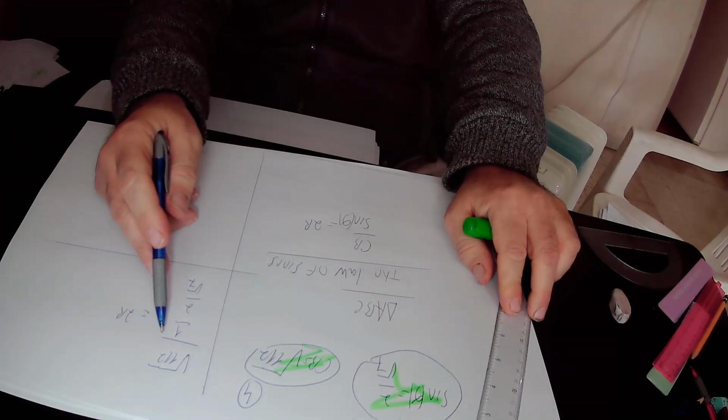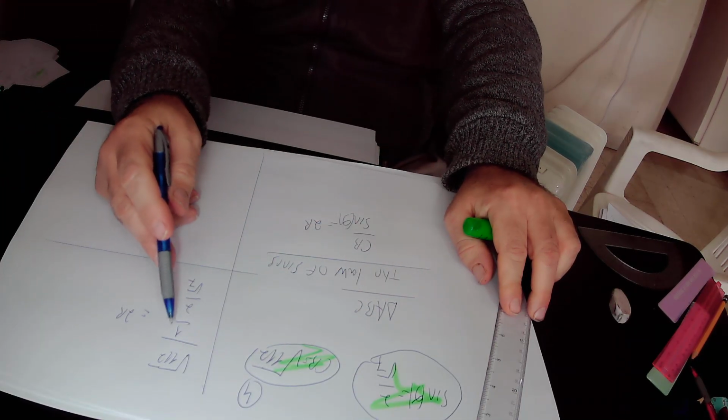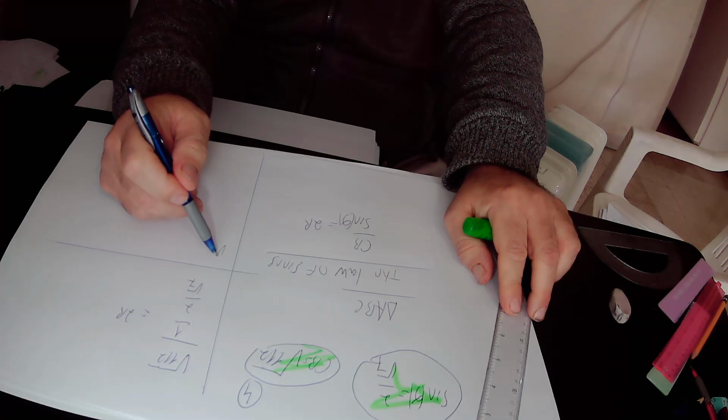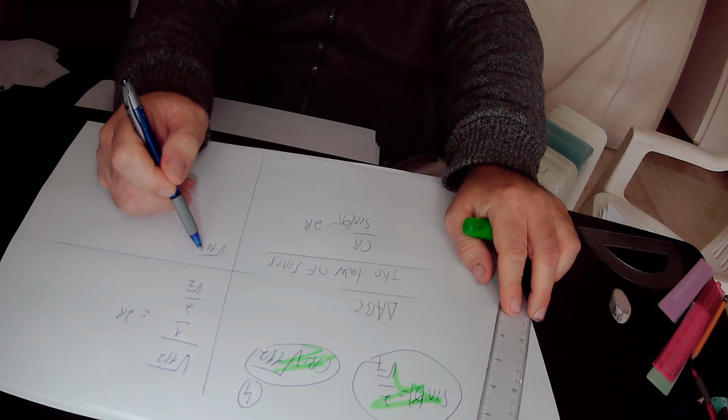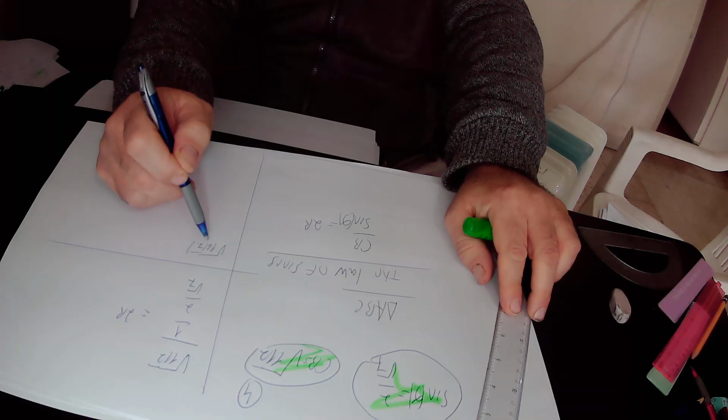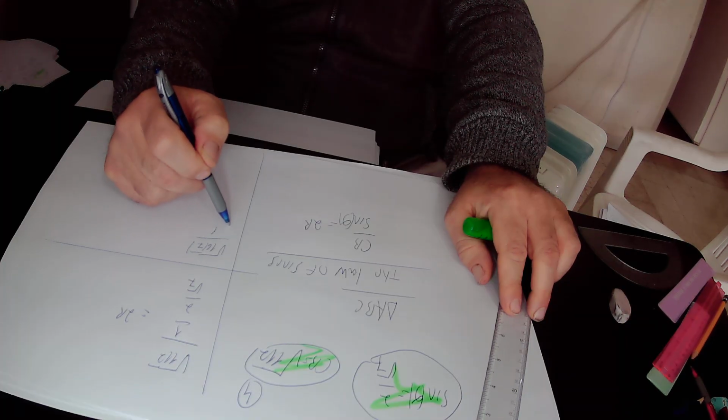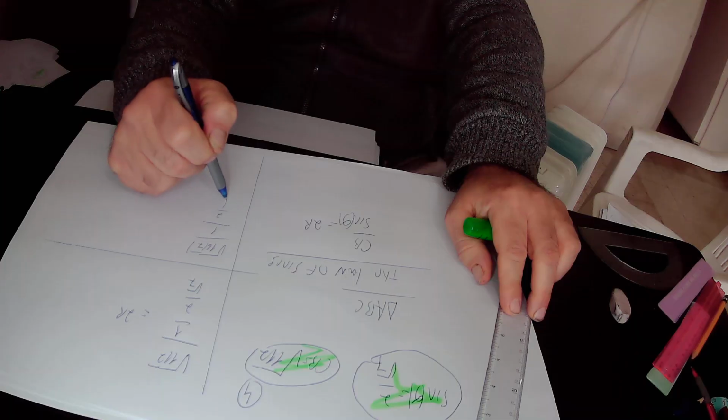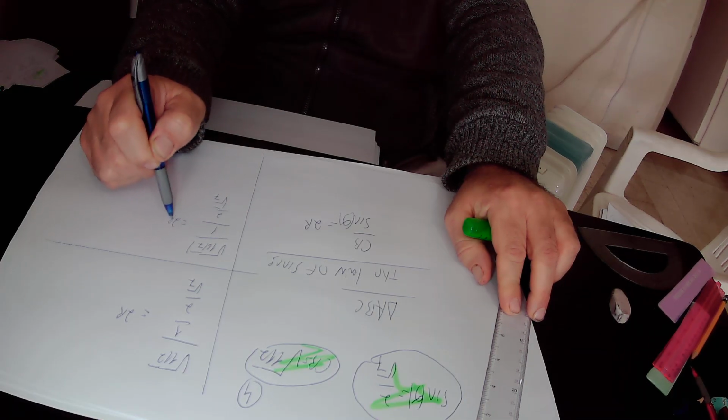Here we substitute 112 by 16 times 7. It is the square root of 16 times 7 over 2 over square root of 7. It equals 2R.